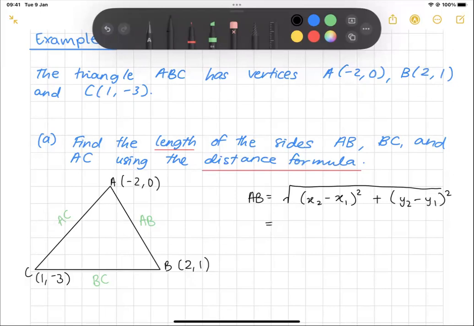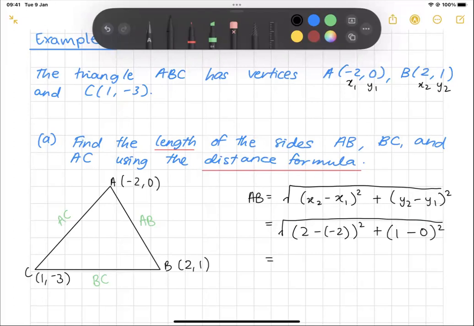Now, with my points, I'm going to label them, as always, x1, y1, x2, y2, and just put them into the formula. My x2 is 2 minus my x1, which is -2, whole squared, plus y2, which is 1 minus 0, whole squared. This here becomes a positive because they're exactly the same sign.